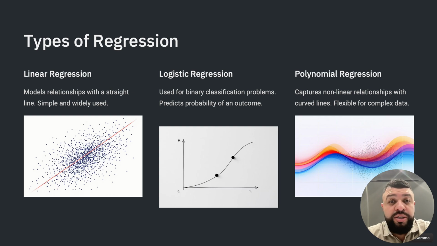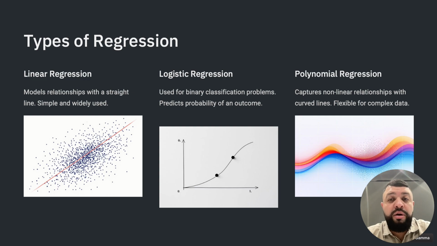Second is logistic regression. Despite its name, logistic regression is used for binary classification tasks, such as determining whether an email is spam or not. And the third is polynomial regression, used when the relationship between variables is not linear.